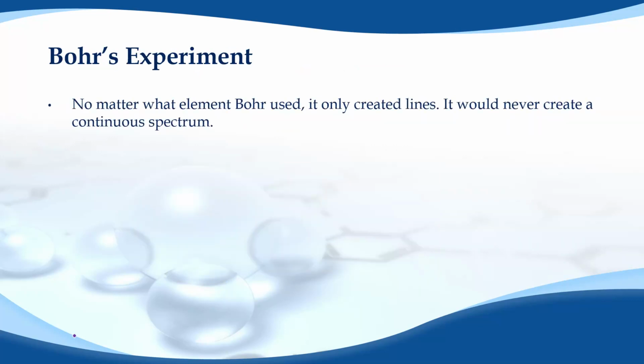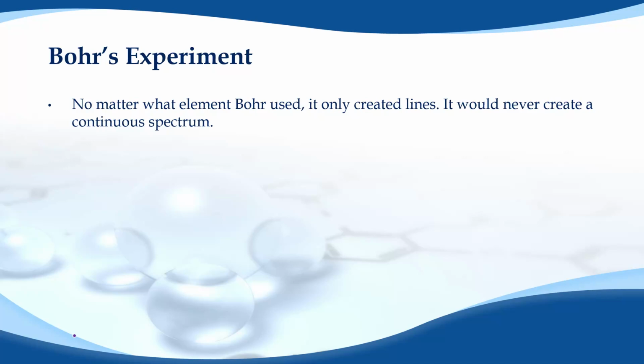The same thing happened where you got line spectra. The only thing is that different atoms produced different lines. Hydrogen produced its set of lines, helium produces its own set of lines, lithium produces a third set of lines. Every element produces a set of lines.